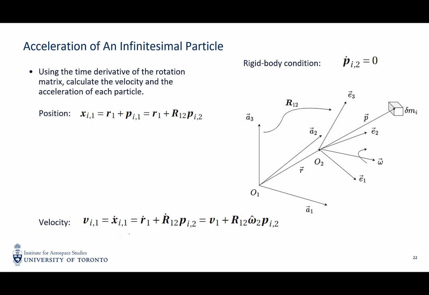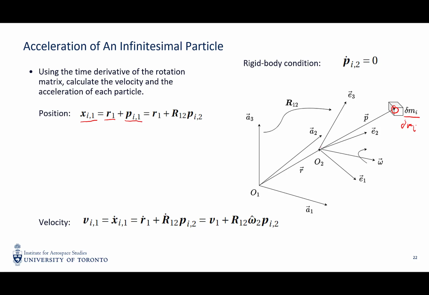So the first step here is that for a single point mass, say delta m i, the position of this very small infinitesimal mass, xi, expressed in frame 1, is r1 plus pi1.